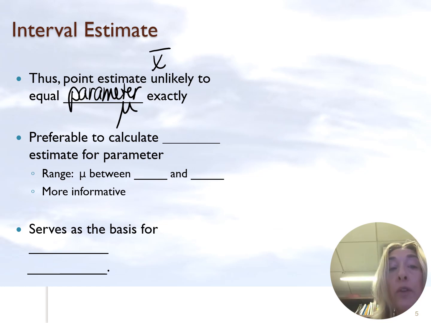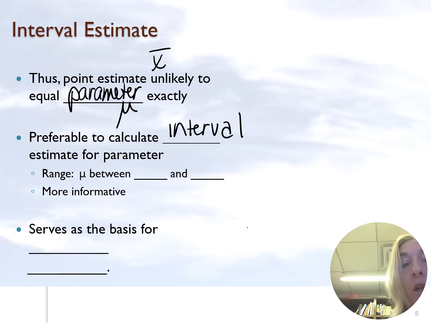For this reason, it's actually preferable to calculate what's known as an interval estimate for a parameter. For example, we may be able to calculate with a certain degree of probability or certainty or confidence that the parameter value mu is, for example, between 12.1 and 12.9.